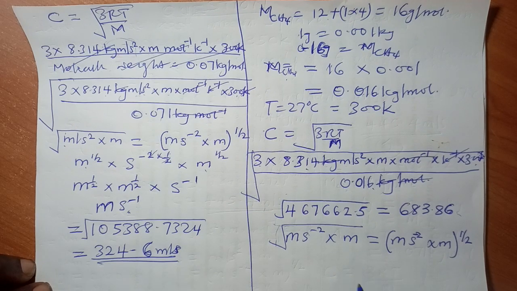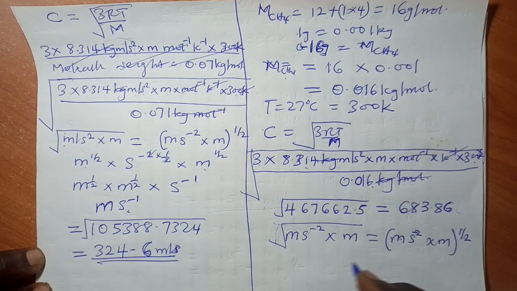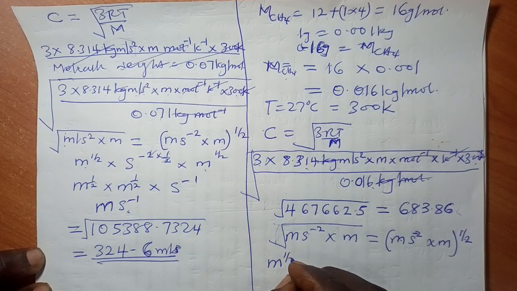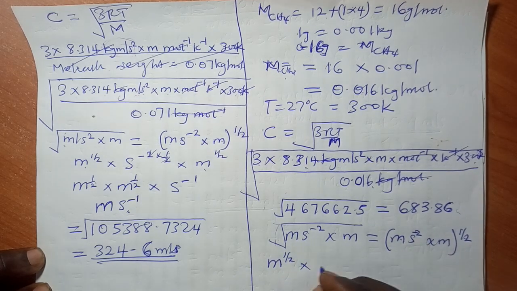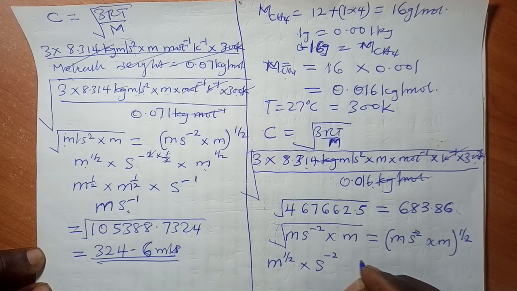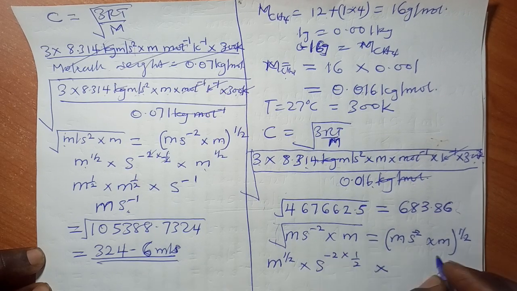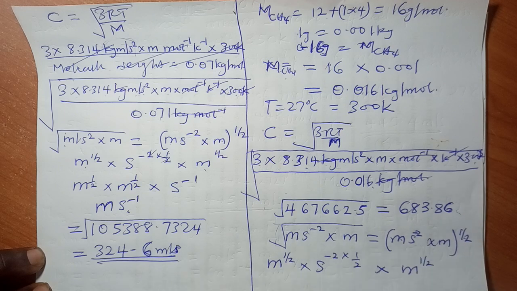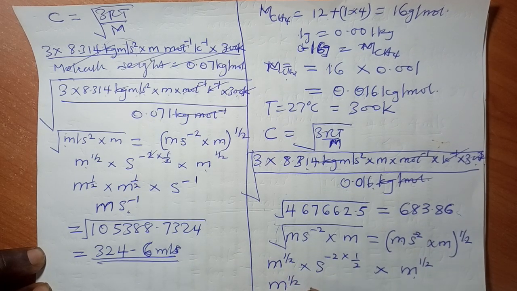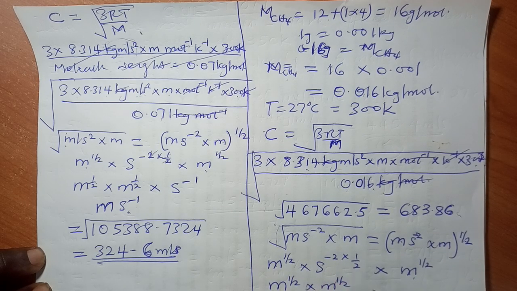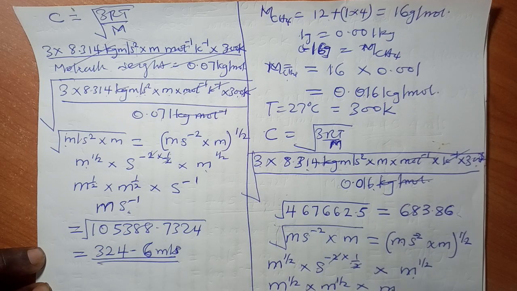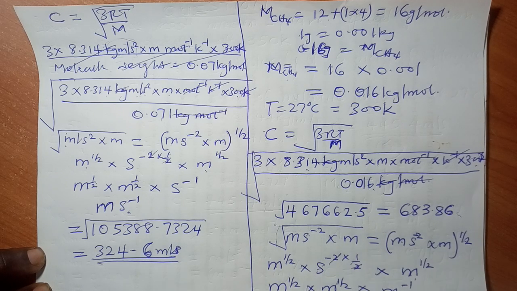When you have it like that, this half affects it, then you have meter raised to the power half times second raised to the power minus 2, raised to the power half, times m raised to the power of half. So if you bring these together, you have m raised to the power half times m raised to the power half times s raised to the power minus 1.